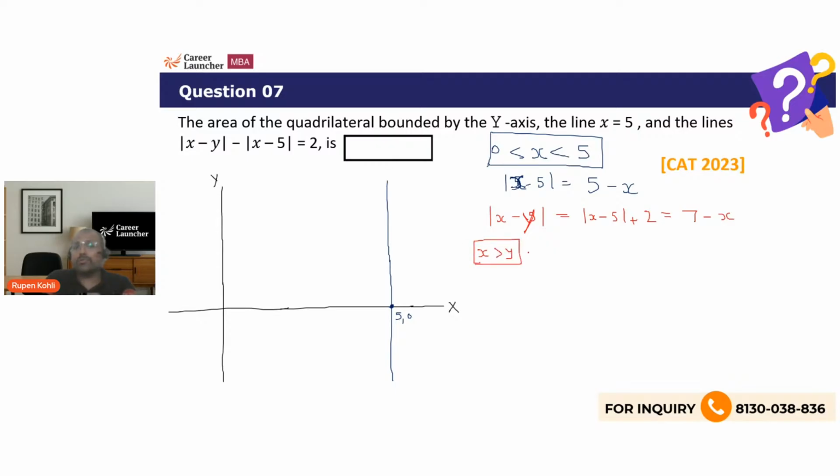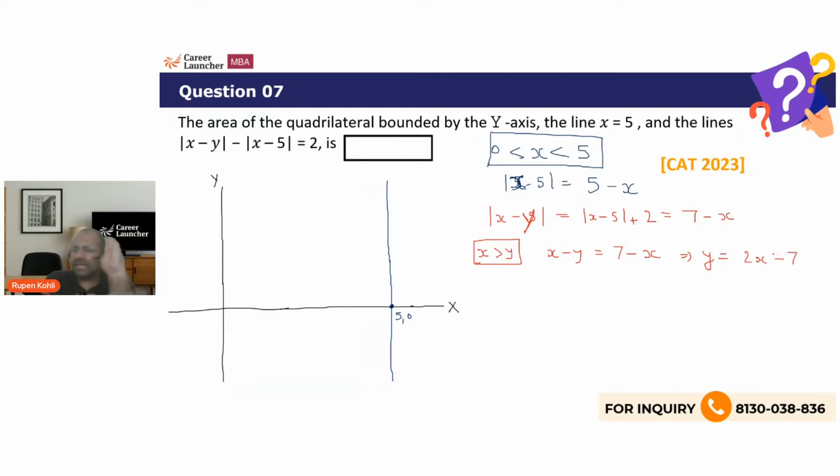When x is more than y, then x minus y equals 7 minus x is the equation, which is a simple straight line. Just rearrange this and write in the form of y equals mx plus c. So take y here, y equals x comes here, x plus x is 2x, and 7 comes here, minus 7.